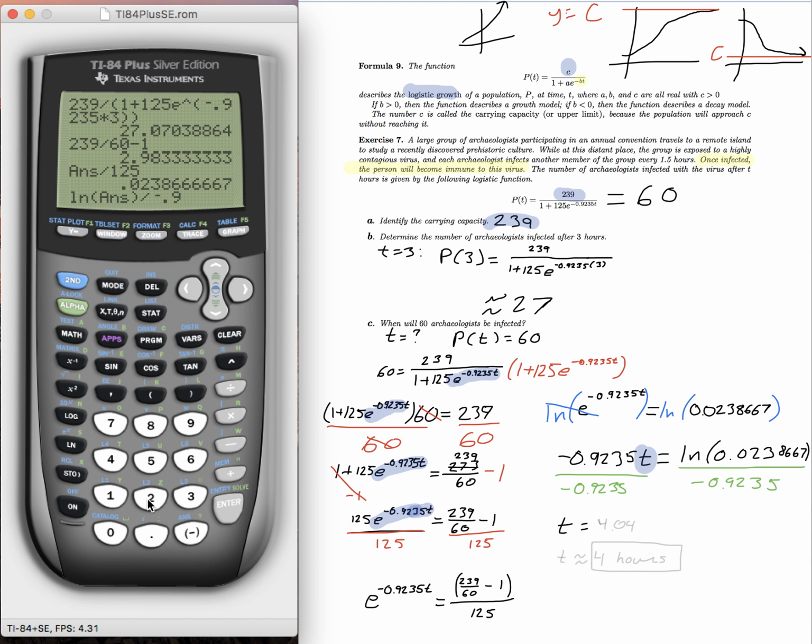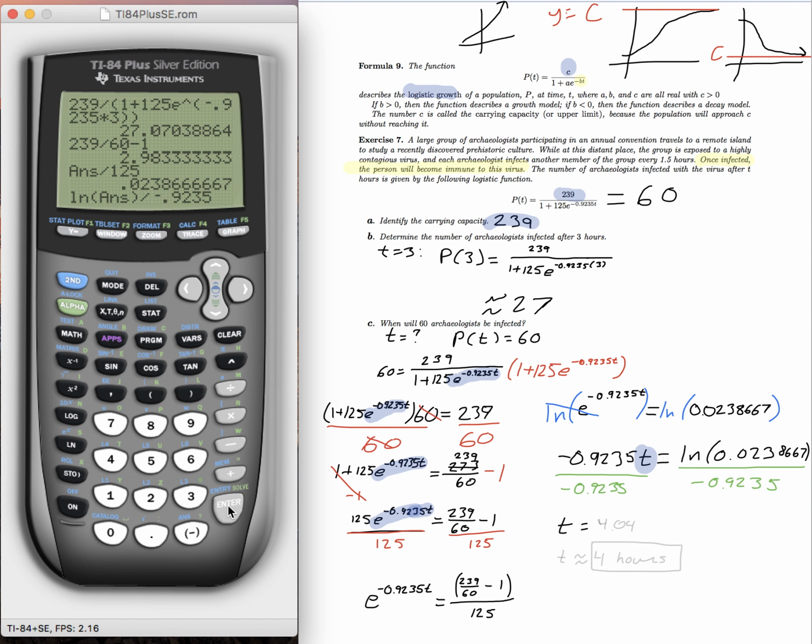But we're talking about time. We want to know how long this is really going to take. So if we go to the calculator, we've got the ln of the answer that we just had. And if we divide that by negative 0.9235, we'll end up with a value.